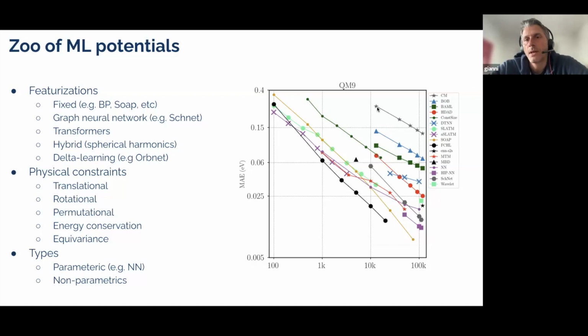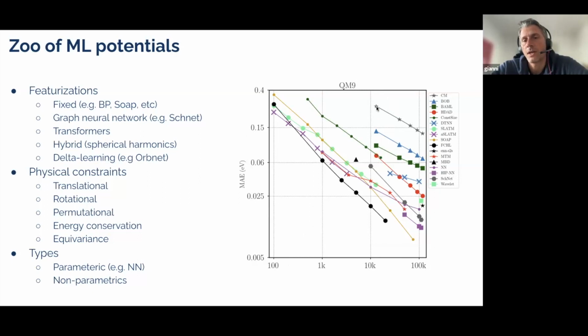In this plot, the QM9 database is a database of 130,000 molecules, each with a quantum mechanical energy associated to it. And what we're seeing here is the error you get training on X amount of data.